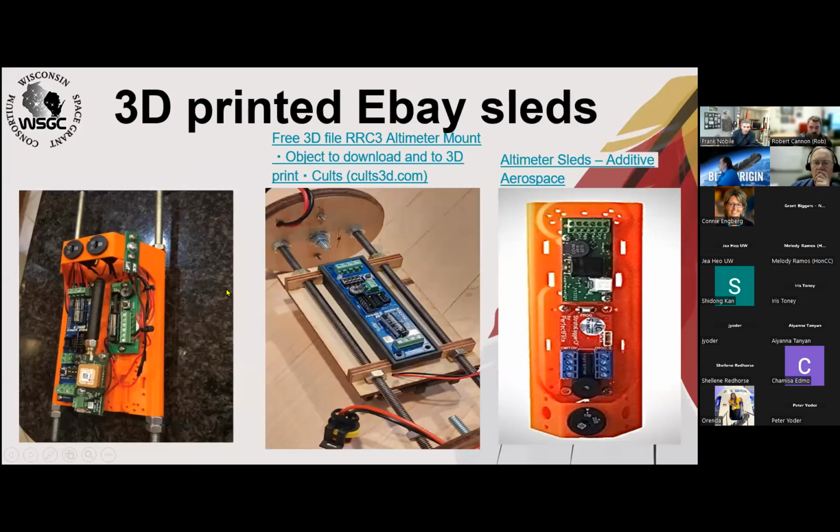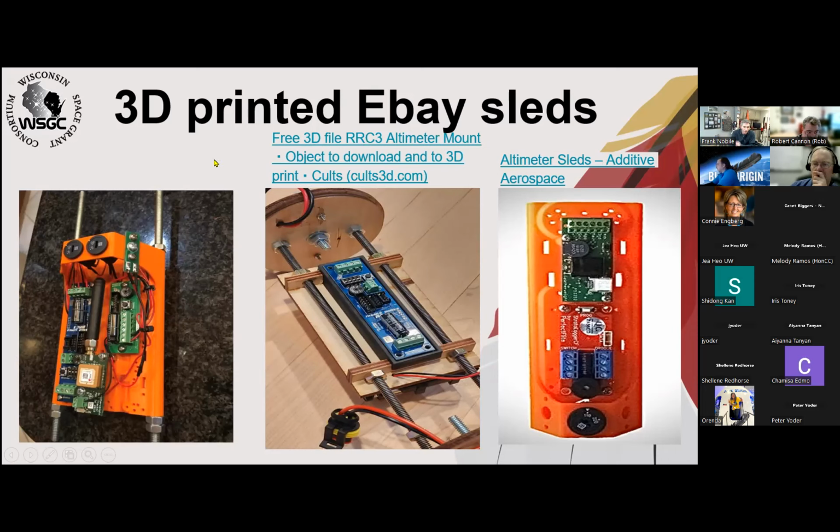Okay, of course, you can order your own through Lock or other vendors too. This is a particular Lock setup right here with the sled. Everything is epoxied in. And of course, you can get a 3D printed one. You can make your own 3D printed sled if you want. Of course, you have your switches right here, which are aligned with your airframe in your avionics bay. And of course, at the top here, you can get a free 3D file from RRC3 and other vendors too.